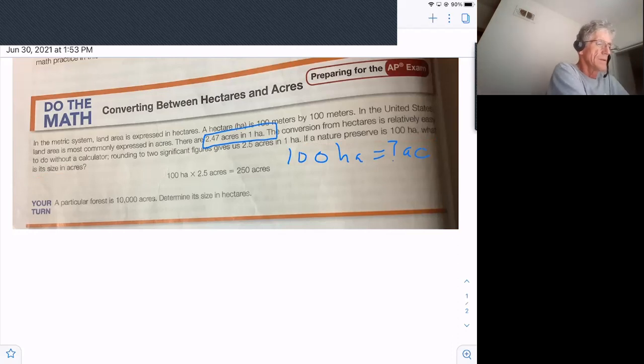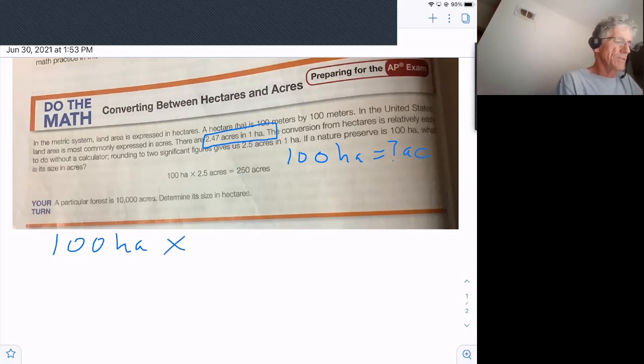So the first step is write down your known term, 100 hectares, and then multiply it by your conversion factor. Now, what form do you put your conversion factor in? There are two ways.